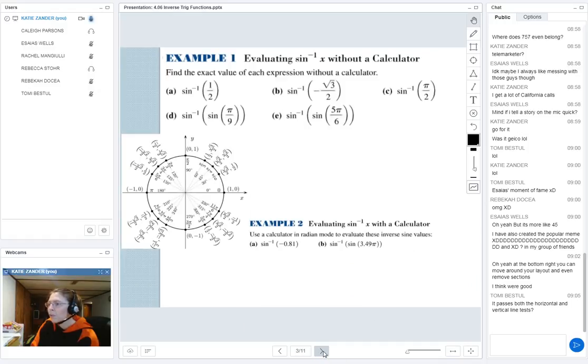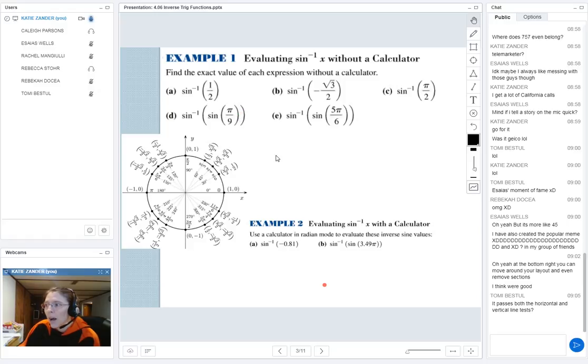Okay, before I talk about cosine, we do have some problems here for us to try out with just the sine function to get used to it. Now, some of these it's going to say you can do without a calculator. Some of them you have to use a calculator for. Most of them can be done without. If it says to do it without a calculator though, you must, and I repeat, you must use your unit circle.